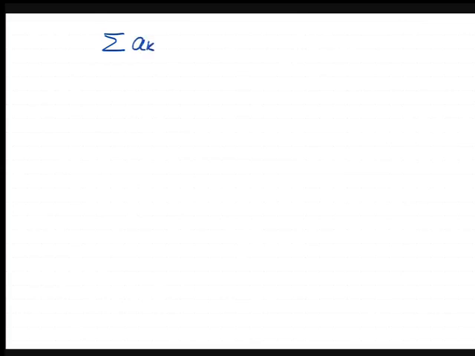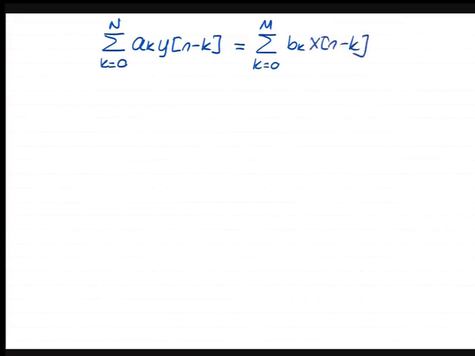So the general form of a difference equation we've been discussing was like this. Sum over k from 0 to N, you might have delays going up to capital N, and that is equal to the sum over k from 0 to M of b sub k times x, X is the input, x of n minus k, right? So this is our difference equation. Linear, constant coefficient, a k and b k don't depend on time.